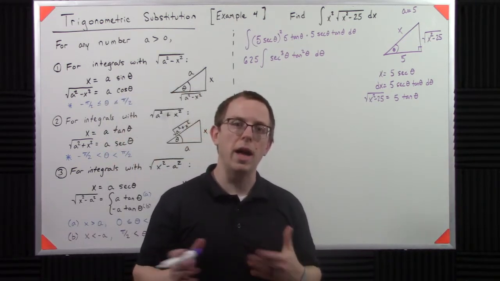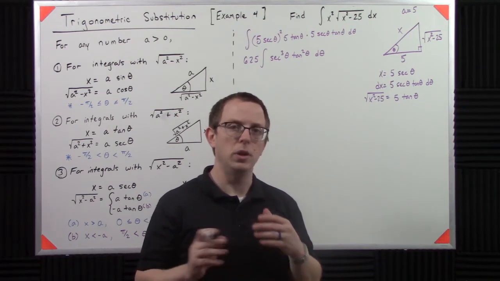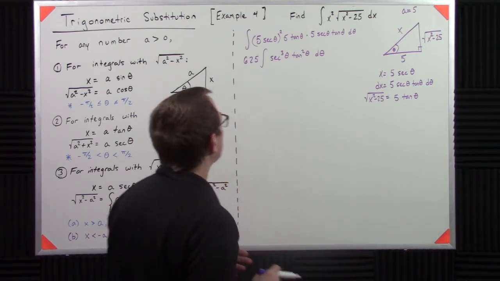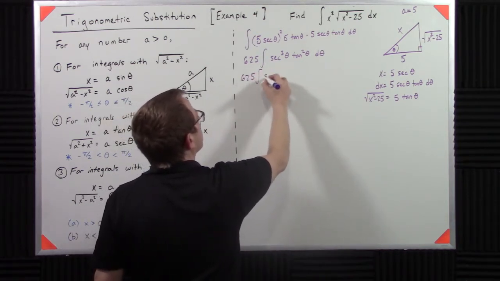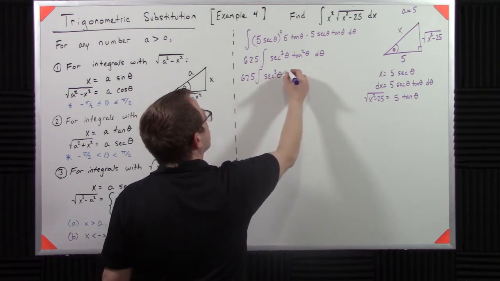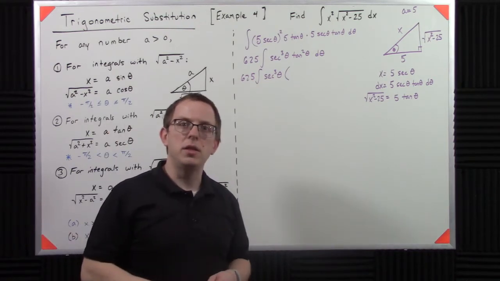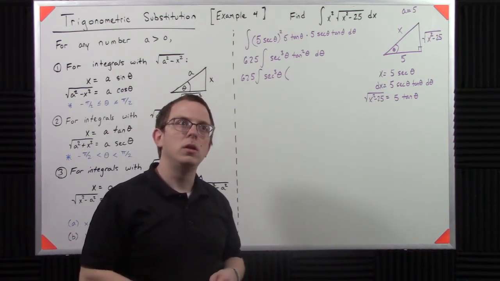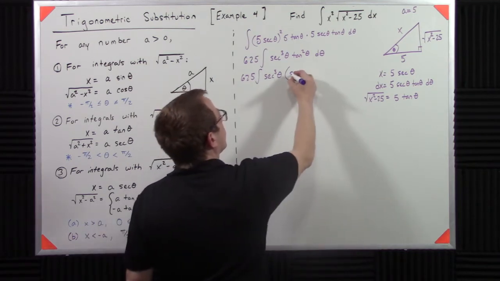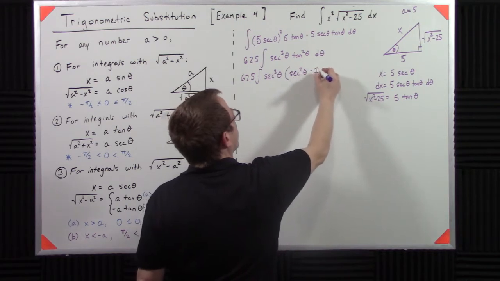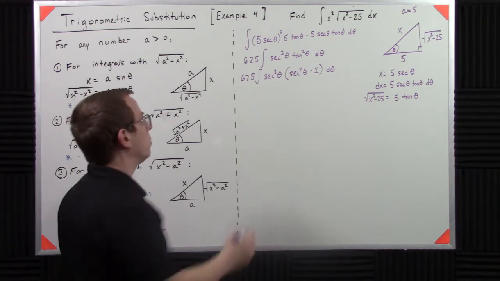So instead, we're going to have to use some identities here. 625. So tangent squared theta is what? It's secant squared theta minus 1, d theta. So then that's going to split into 2 integrals.